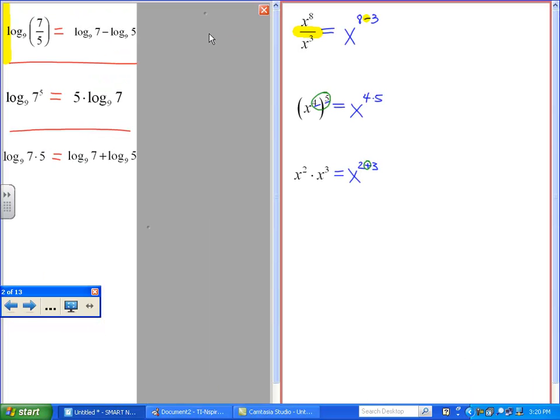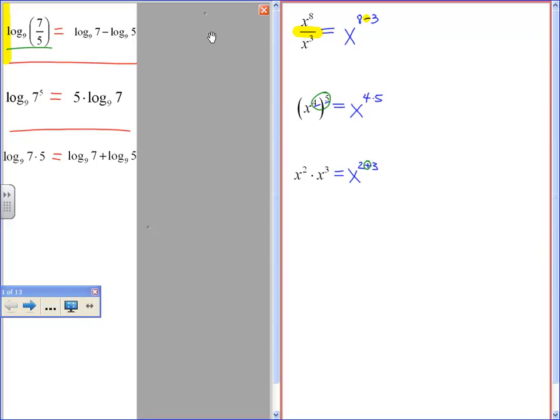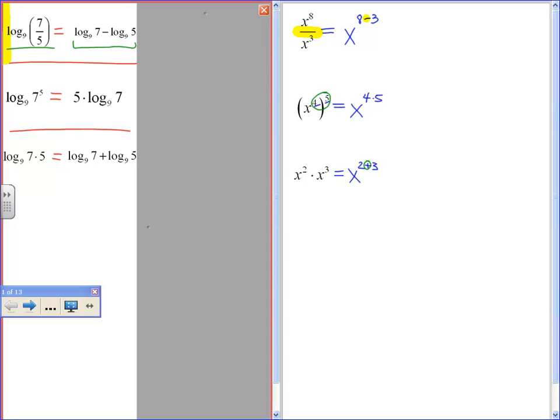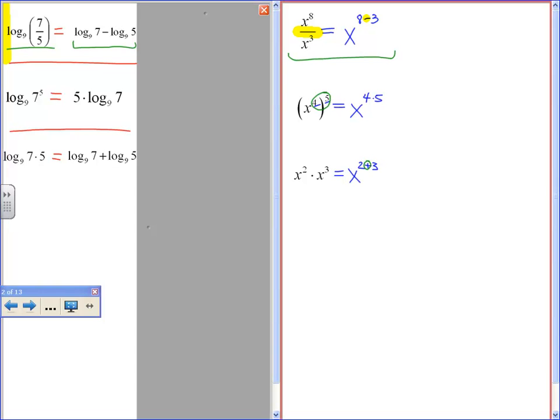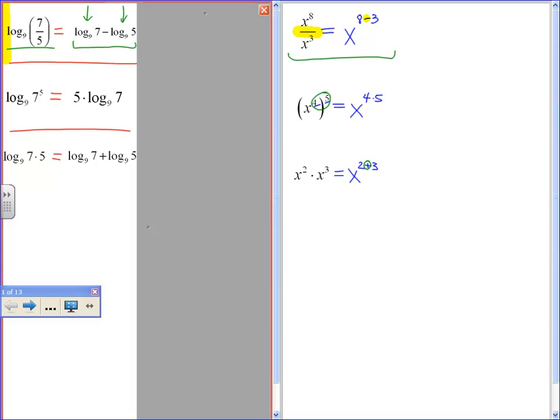On the top left, I'm dividing 2 numbers, so I am subtracting exponents, like the situation here on the right side. Just another note: each logarithm is an exponent. So when I say I'm subtracting 2 exponents, here on this right side, on log base 9 of 7 minus log base 9 of 5, I really am subtracting exponents.